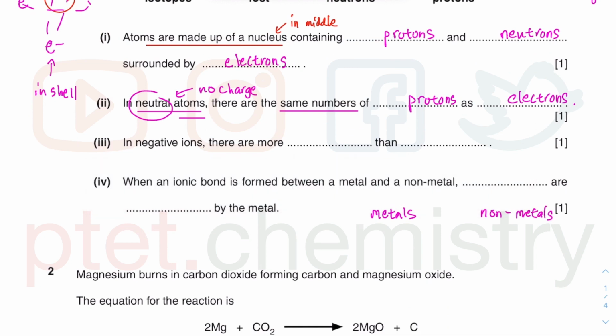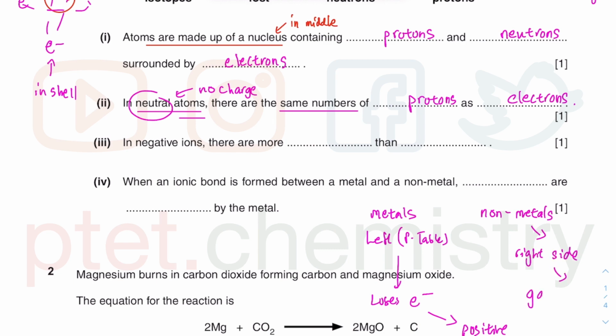That is why metals, which are on the left-hand side of the periodic table, will lose electrons. When they lose electrons, they form positive ions called cations. Whereas the non-metals, on the right-hand side of the periodic table, will gain electrons.